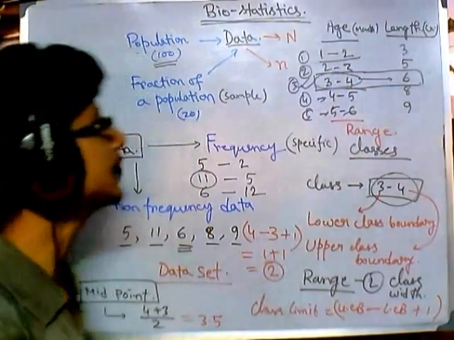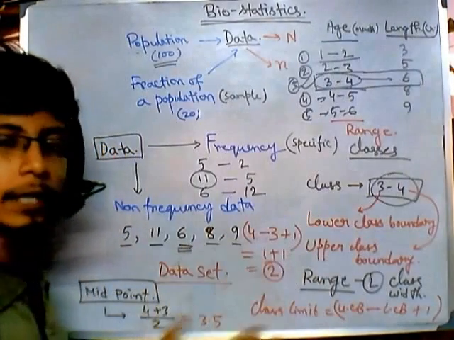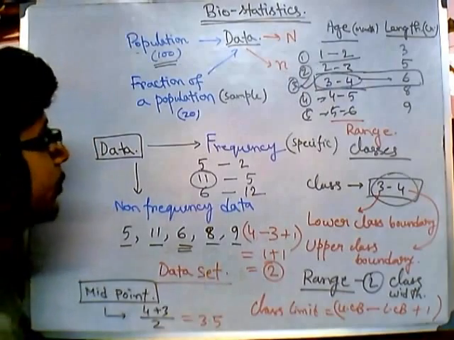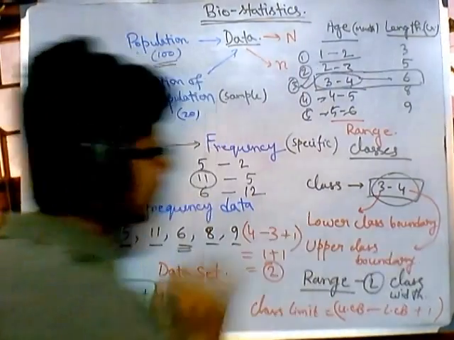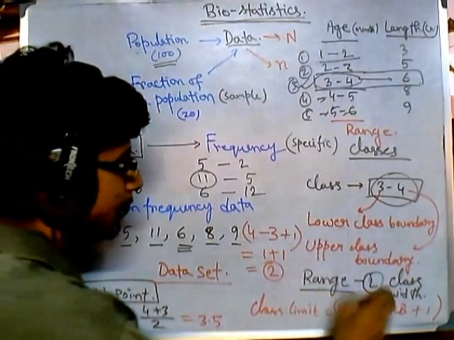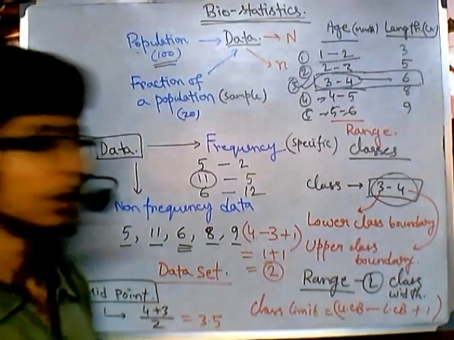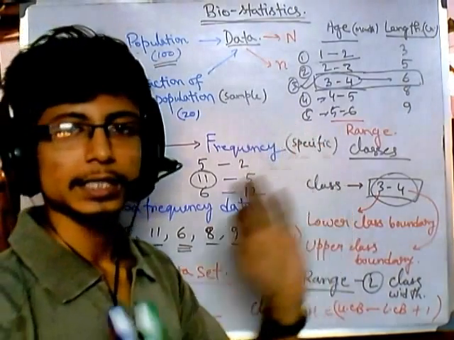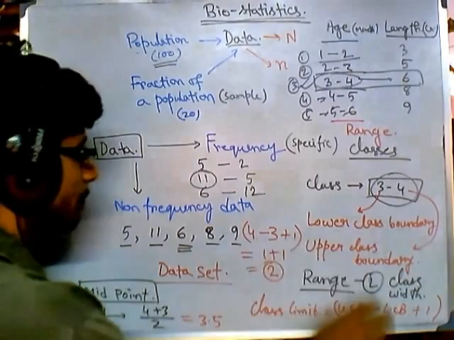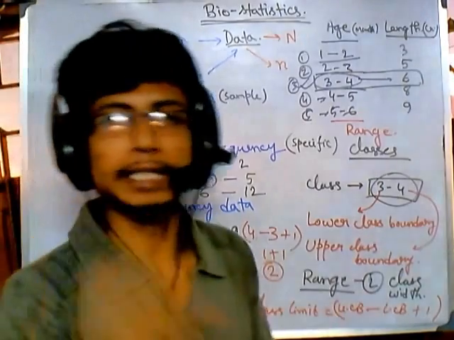So when we get this kind of data table for grouped data, and we need to calculate several different things using it, we need to find the lower class boundary, upper class boundary, then the class limit, as well as the midpoint. They won't tell us what the upper class boundary, lower class boundary, class limit, class width or midpoint is.